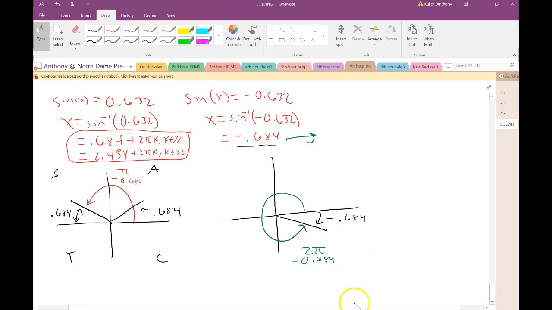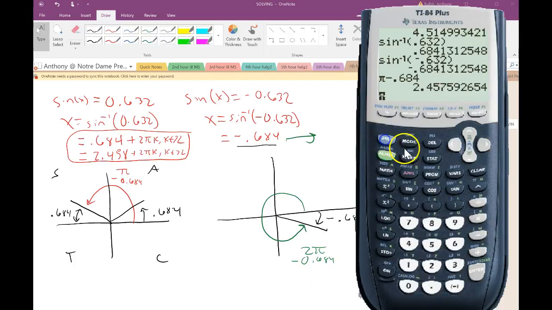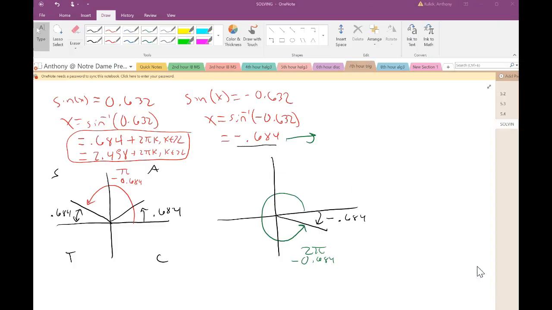So let's write it that way. And again, I'll use the calculator to get that. So 5.599, and then I might as well stick my 2 pi k on there while I'm at it. Everybody good there?